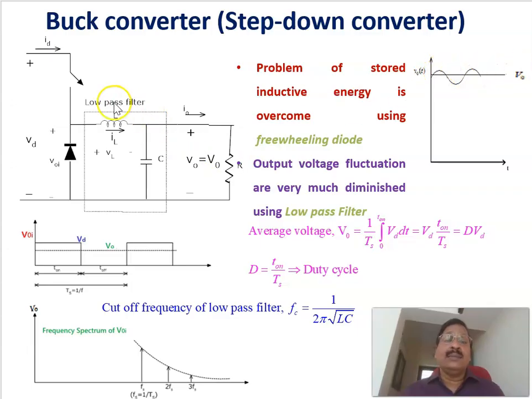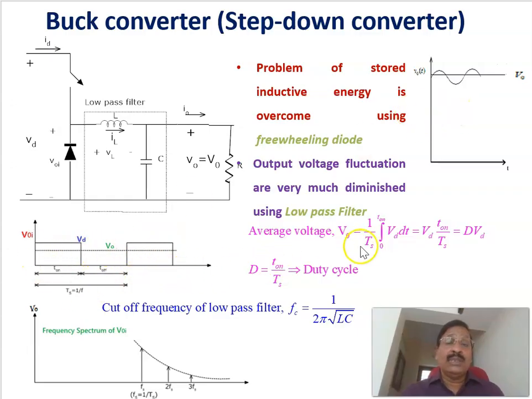That is obtained by this LC filter. The switch is protected because the inductive energy circulates through the freewheeling diode. That is the modification of the previous circuit, and this particular circuit we call a buck converter or a step down converter. And as we already saw, the average output voltage is equal to the average value of this voltage.